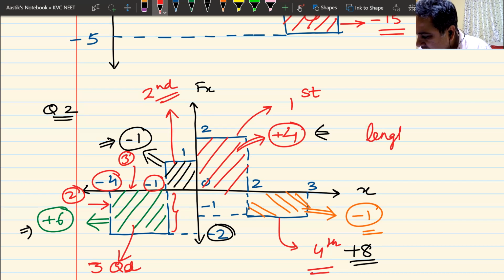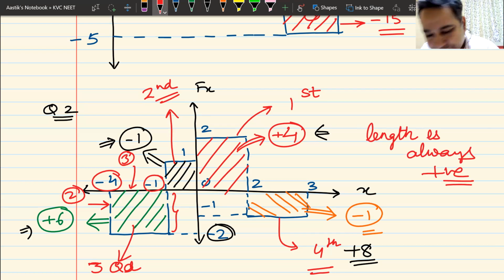Please don't tell me that the length is negative. Length is always positive. Please don't take length as negative. That is an absolutely wrong concept. Am I clear? So all areas are always positive.